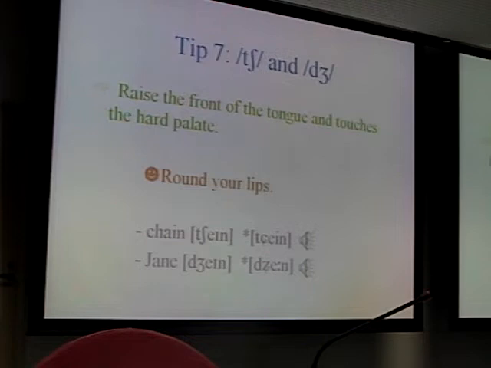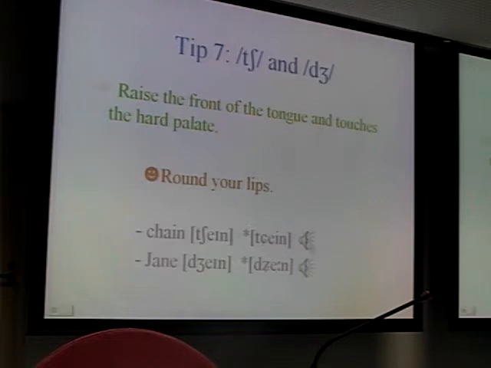And for the affricates "ch" and "j," you also have to raise the front of the tongue and touch the hard palate. You have to touch the hard palate this time. You should remember that these sounds are rounded sounds, so you have to round your lips.